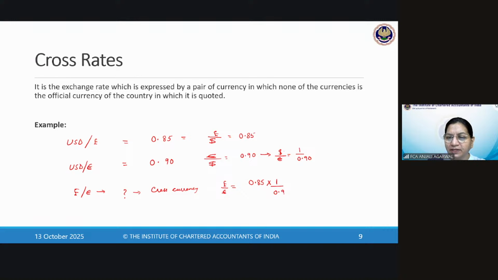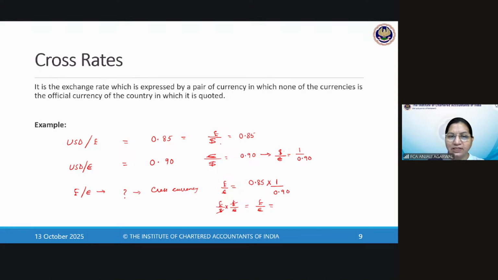You will get the price for 1 euro against pound. If you multiply these two, pound by dollar multiplied by dollar by euro, you will see that the dollars will get cancelled and you will have pound by euro as your answer.